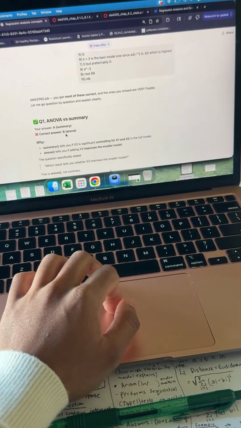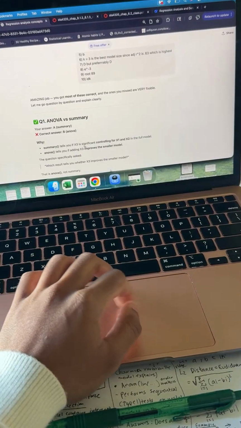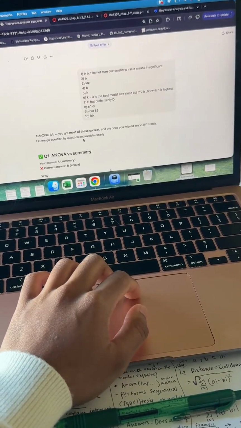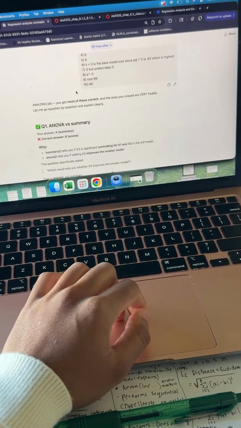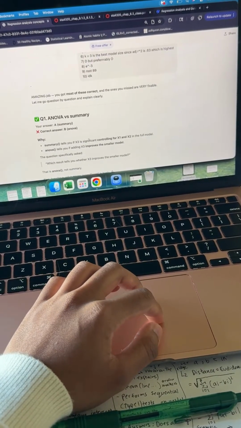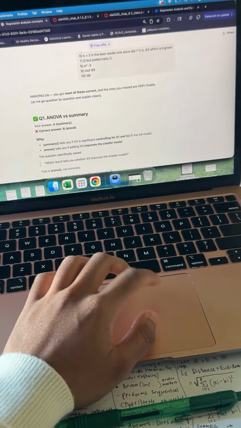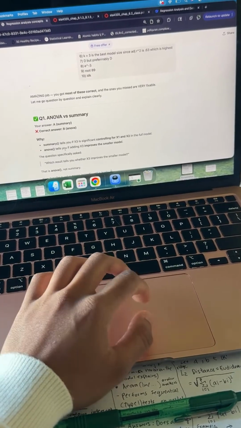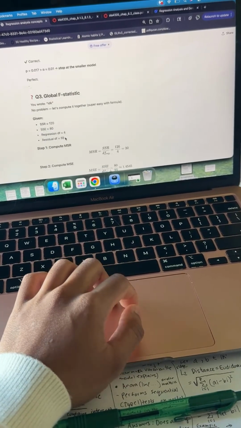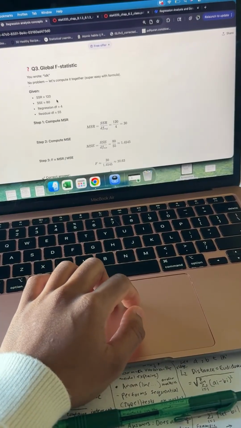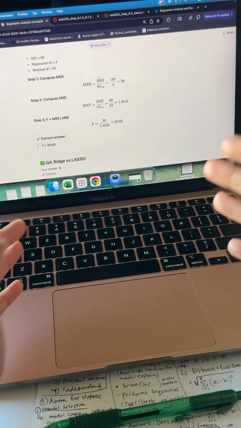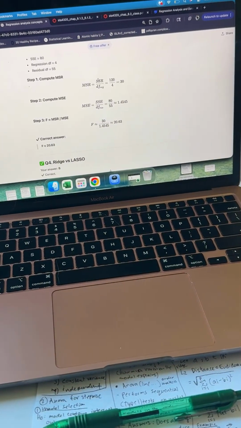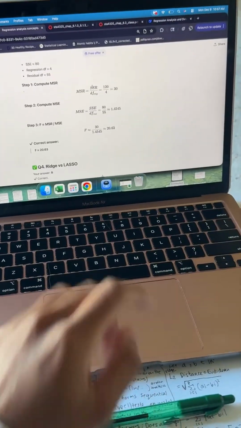That's at most an 8 out of 10. Correct answer is B. Why is he saying amazing job though? The answer is summary. Summary tells you X3 is significant, controlling for X1 and X2, in the full model. Oh, for question 3. So you have to calculate that? Oh god, that's crazy. The MSR.